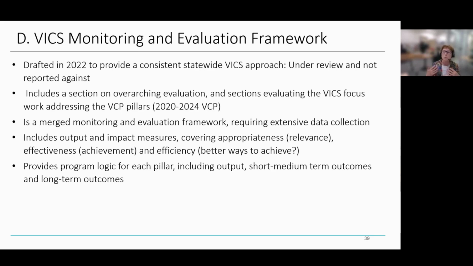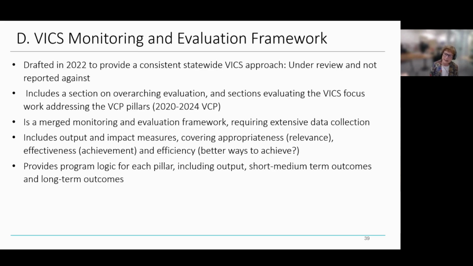So it is very broad in its reach, and not unrelated to that, it requires extensive data collection and is resource intensive to implement. So it's not something that would be done regularly, annually or the like. It is a very large project to implement.